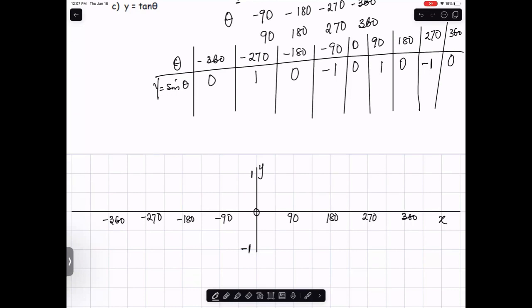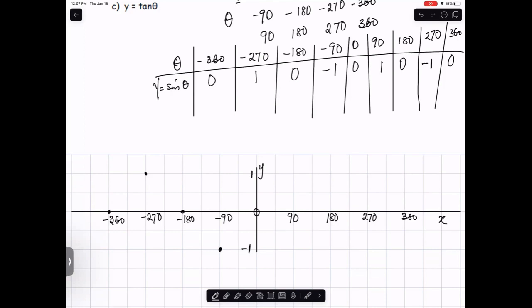So go back to our table of values. We have where sine -360 is 0. So on -360, I have my 0 point marked in. Then for sine -270, we have a +1. So this is my +1 on the graph. Then for sine -180, we have 0. Then sine -90, I have -1 here.